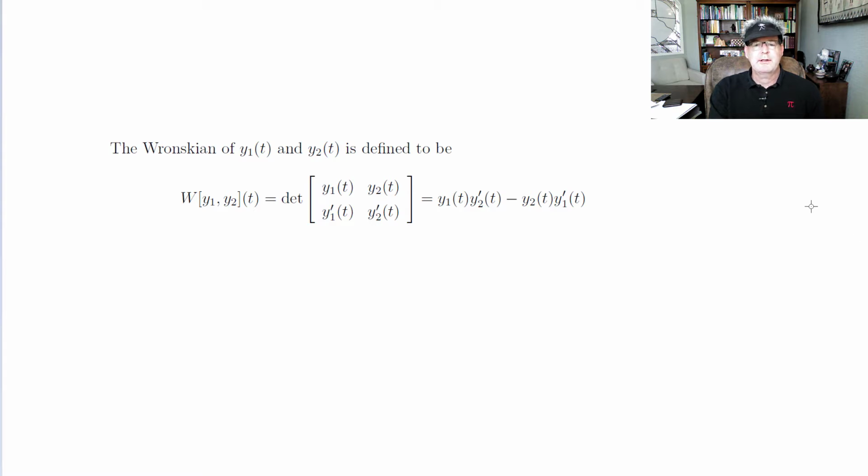So just a quick couple of preliminaries. If you have two functions, their Wronskian would be given by the determinant of first row the two functions, second row their derivatives.